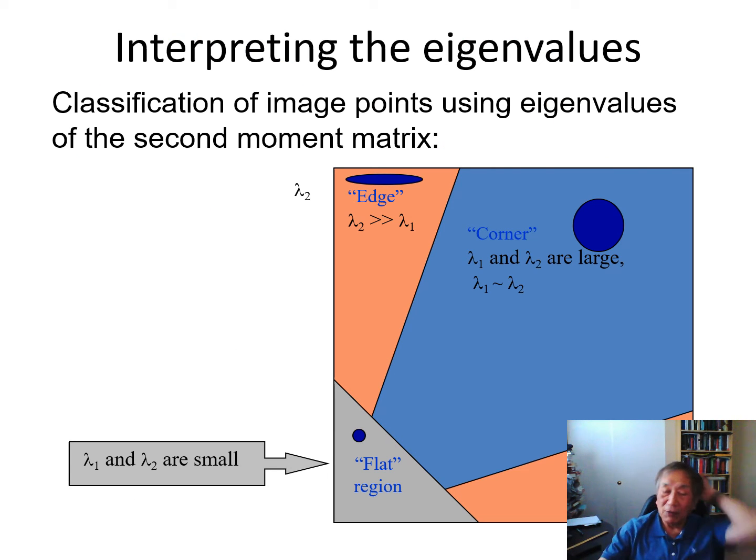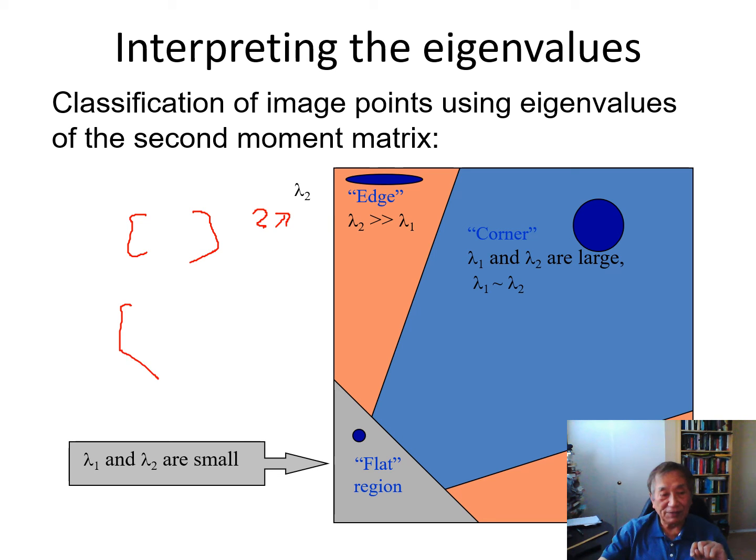So when we are doing the feature detection, remember from the last chapter that you can generate two lambdas. Remember that if it's a 2 by 2, then there will be 2 lambda values.